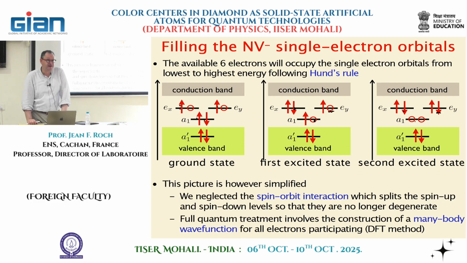And if I want to do things more rigorously, I have to do a full quantum treatment, but again, this can be done by applying DFT techniques, for instance, and I will build a many-body wave function of the system. But this is something beyond what I can do. I leave that to theoreticians, and we collaborate with them on the topic.